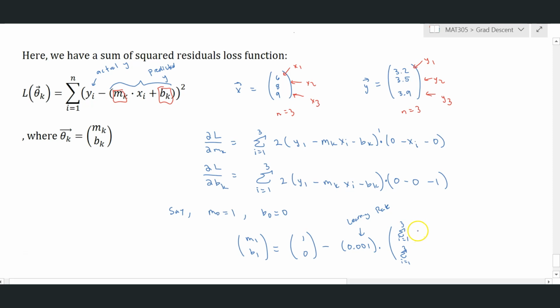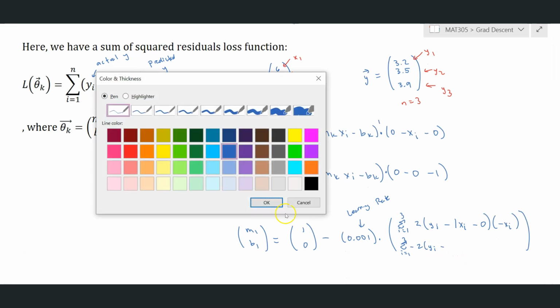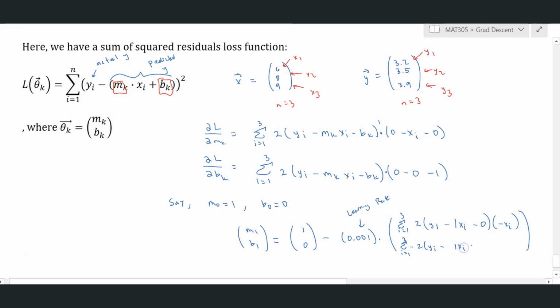The top one will be 2 times yi minus the value of m that we have, which is 1 xi, minus 0, which is our starting value of b, times negative xi. Okay, so that's just going to require summing those together, calculating what that is. Down here, it'll be negative 2, because we'll get that minus 1 there, times yi minus 1 xi minus 0. And that's it for that guy.